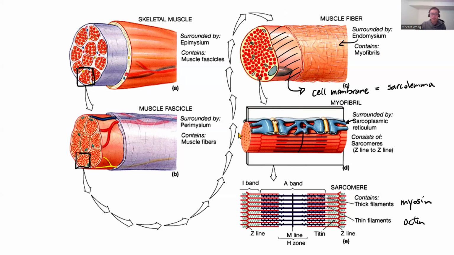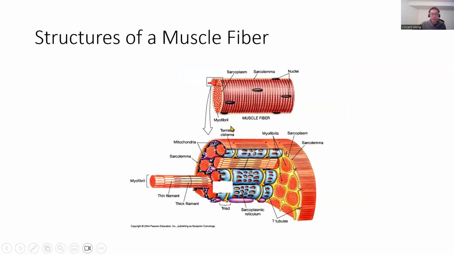All right, moving on. This is just to show you the cell again. Not sure why there is a white box there. Just delete that. So that's all the structure we talk about, right? There's the sarcolemma, the cell membrane, the sarcoplasm, which you can probably translate into cytoplasm.